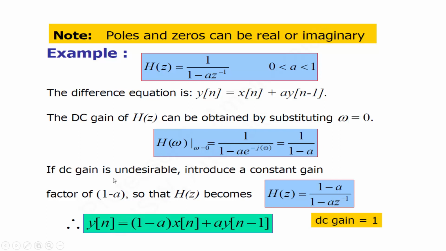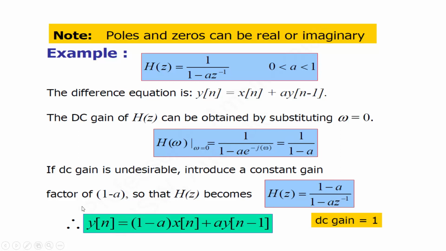Now if the DC gain is undesirable, if you don't want the DC gain to be present in the system, we can introduce a reciprocal constant. So the DC gain is 1 over 1 minus a. In the transfer function we can introduce a 1 minus a term, so that the DC gain is cancelled out.